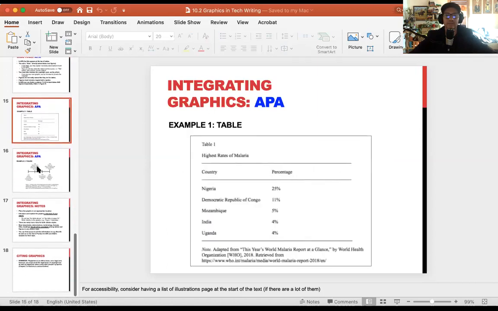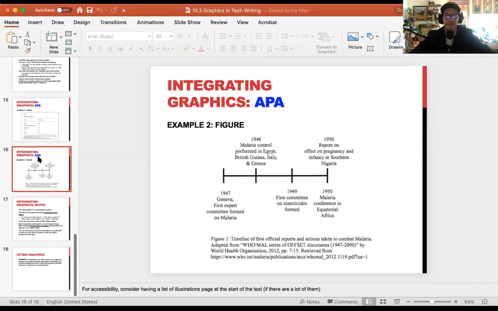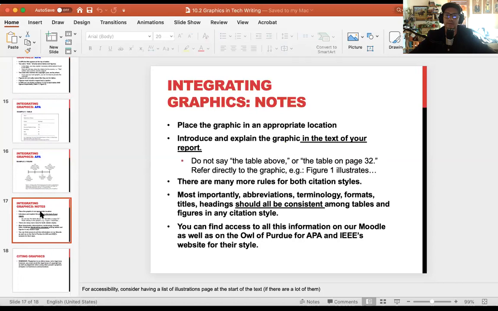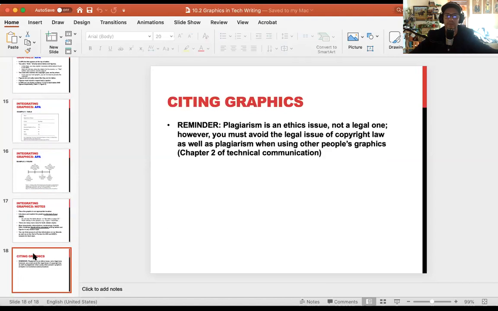I've included some of the basic information in this PowerPoint, but I would recommend going to the actual source, either the Owl of Purdue or the IEEE manual that I've uploaded to our Moodle.